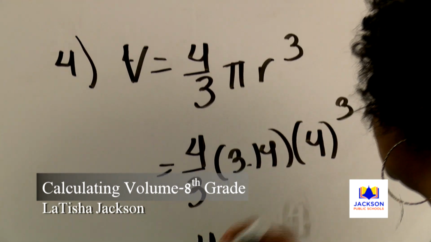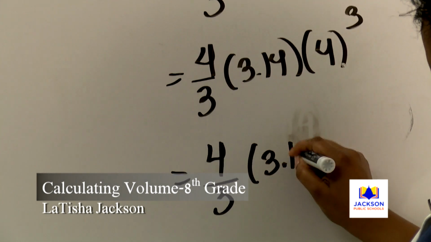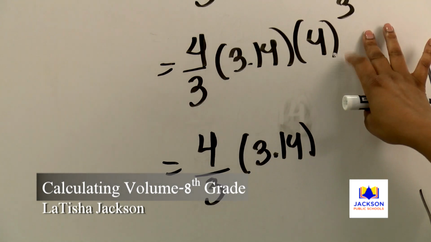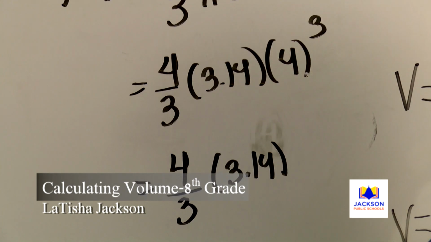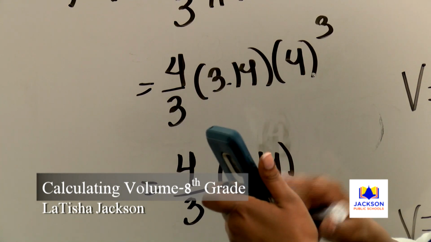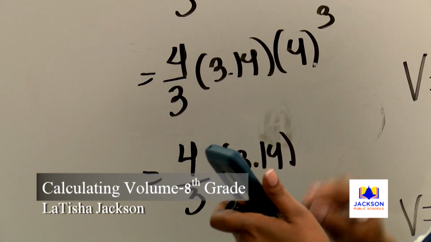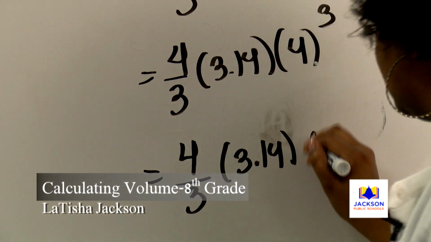So I'm going to simplify this part of the expression first. So 3.14, and if it's not 4 times 3, the answer is not 12. If you don't know what 4 times 4 times 4 is, punch it in your calculator.